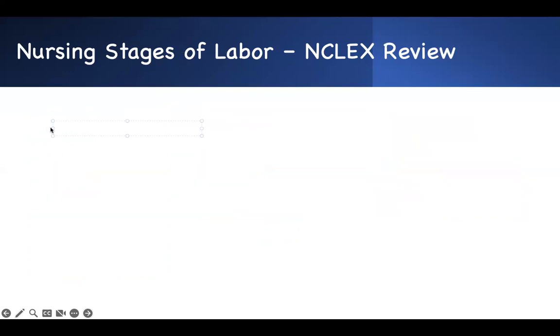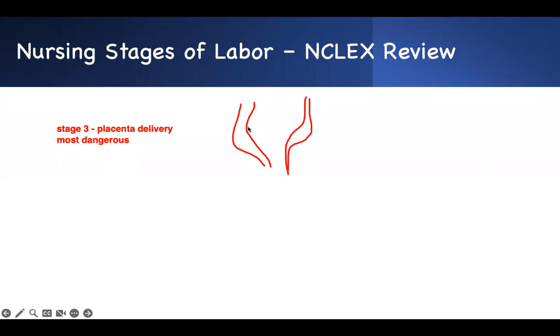And then stage 3. What is stage 3? Placenta delivery, right? After the baby comes, it's just the placenta delivery. I think this is the most dangerous area. If this is the uterus, the placenta does not get embedded. The placenta will be here. It's just like kissing the uterus. That's all.